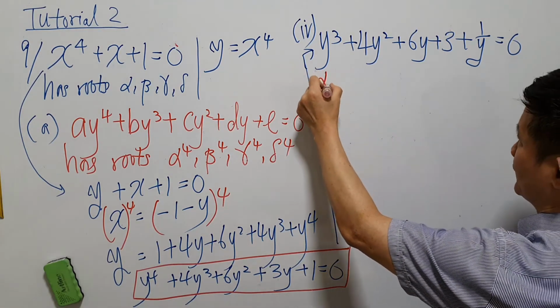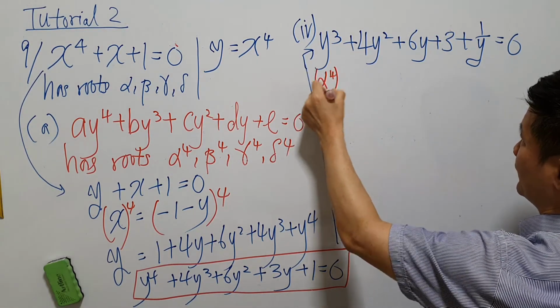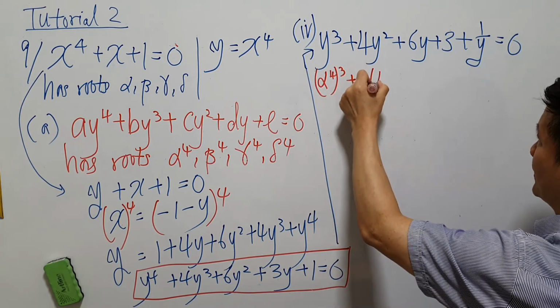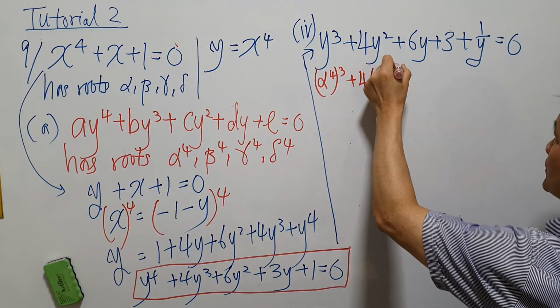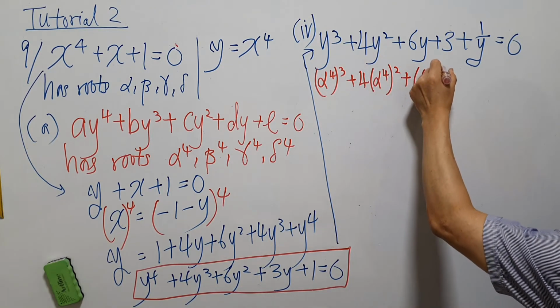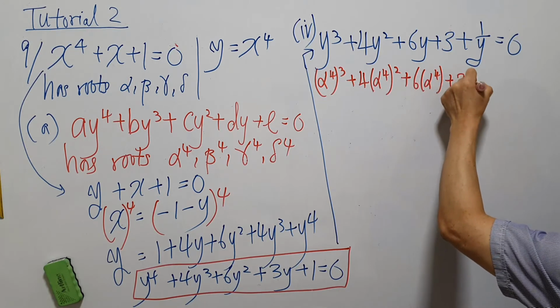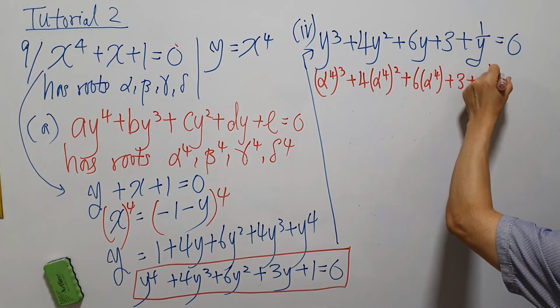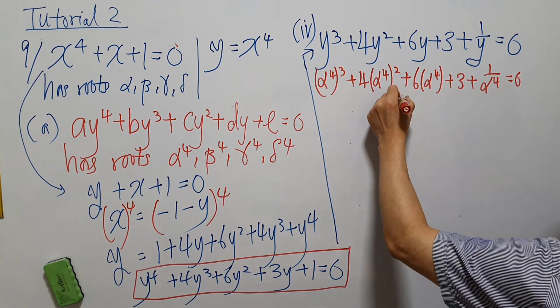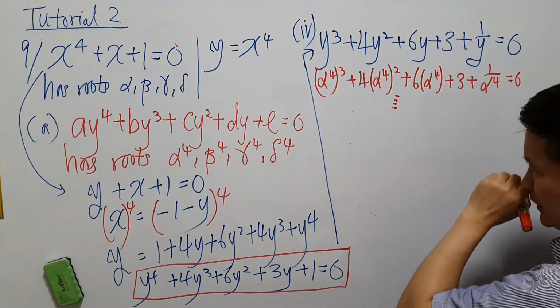So alpha to the power 4 cubed plus 4 times alpha to the power 4 squared plus 6 times alpha to the power 4. And I can do so for the next root and the next root, all the roots.